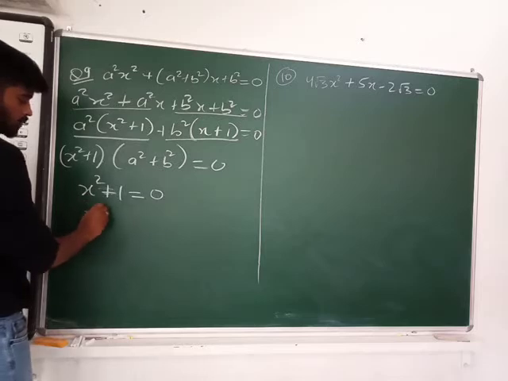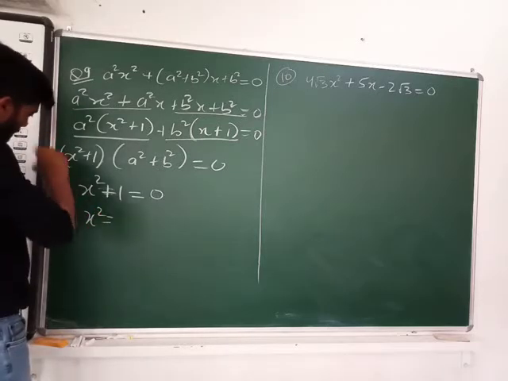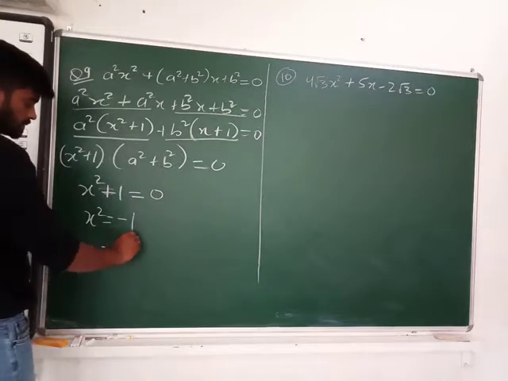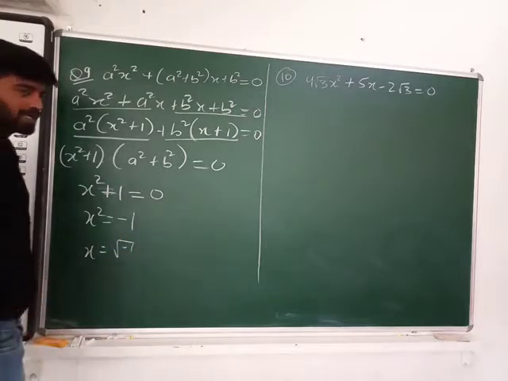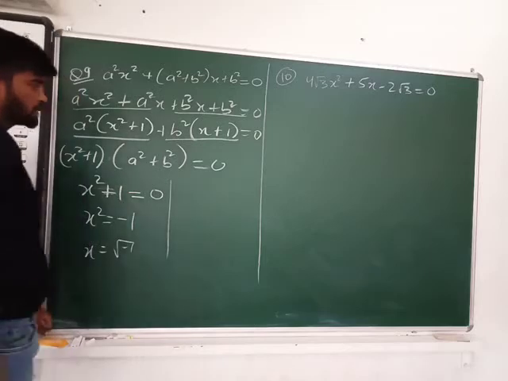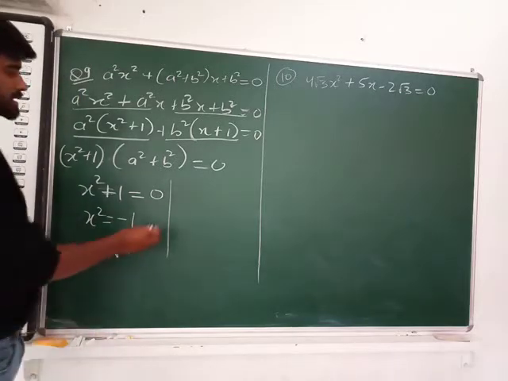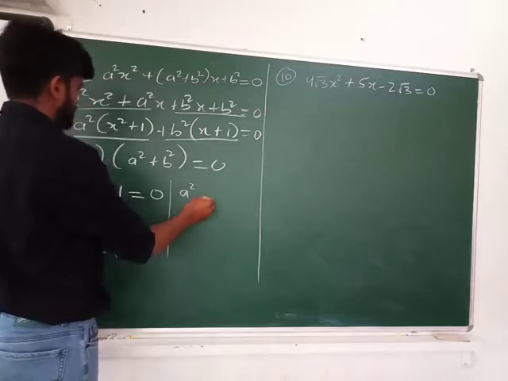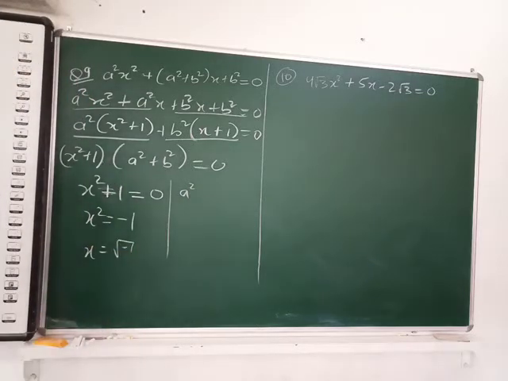And then x square is equal to minus 1. And x would be the square root of minus 1. That is a complex number. None of your business, I would say. Okay, next is a square. Yeah, that's it. I guess this is my answer. Square root minus 1 because I don't have x in that. So this is what my answer is going to be.